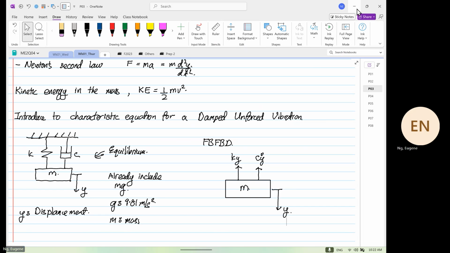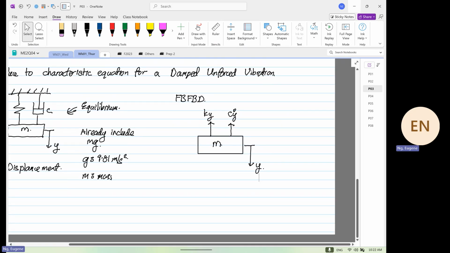Okay. So that is our free body diagram. I'm going to start from a new page, because I'm going to write more stuff over here.